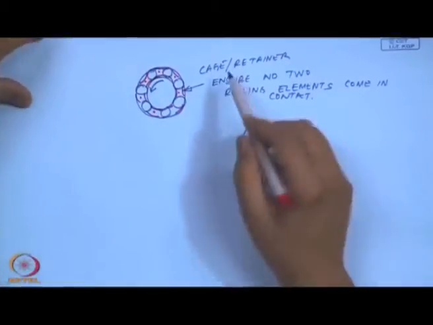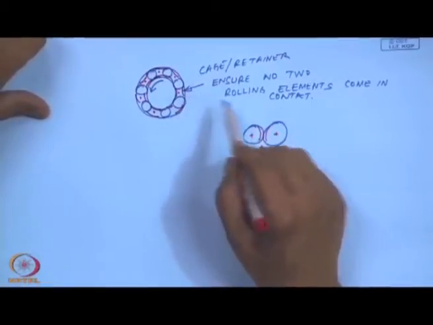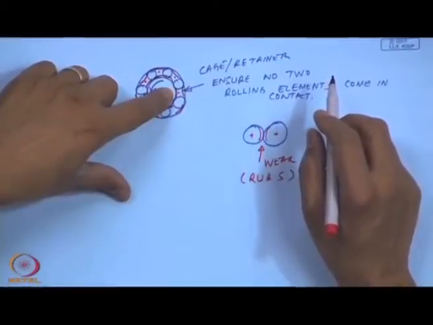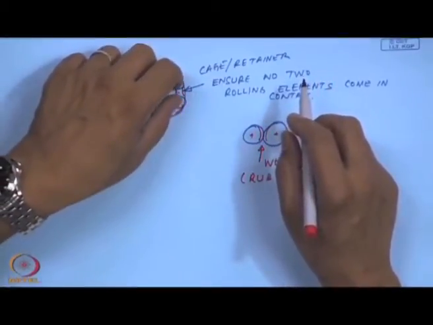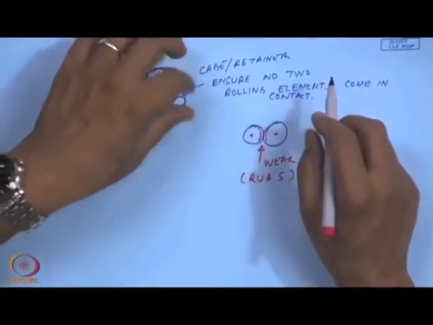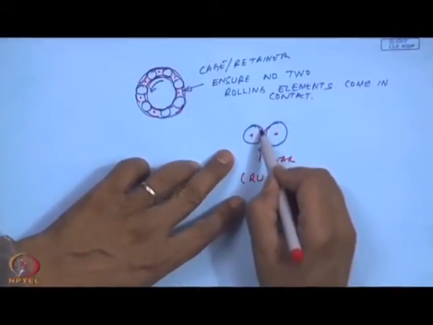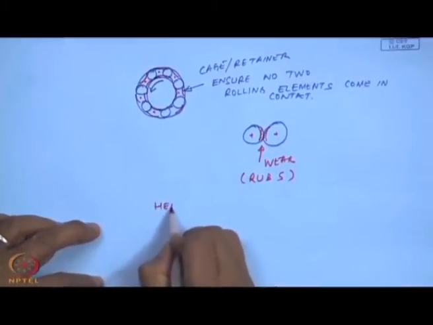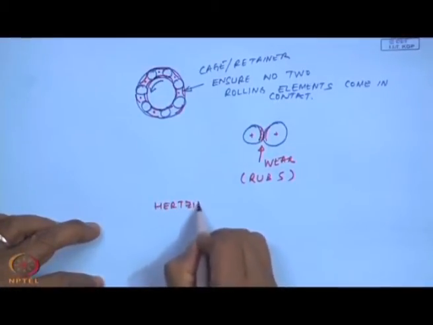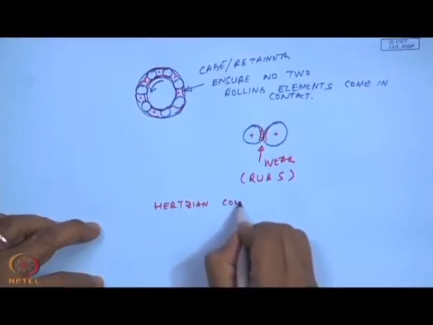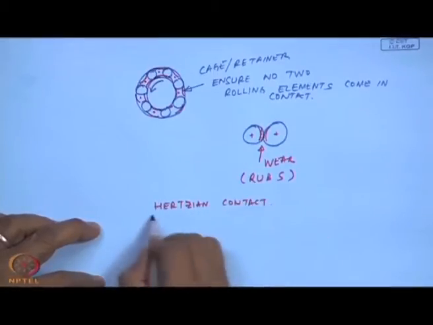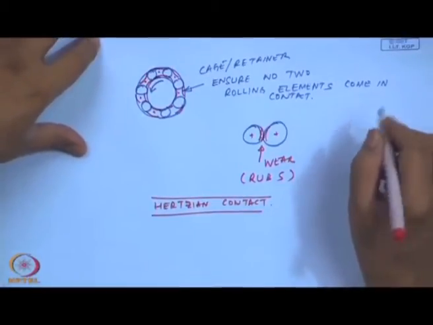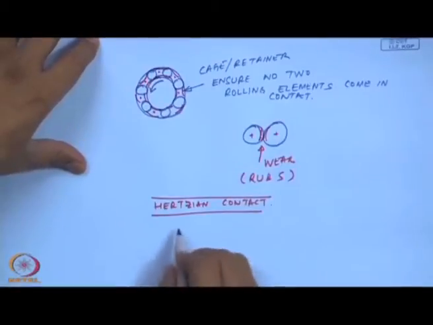And I just told you the case of a rolling element bearing, where if the cage or retainer shown in red was not present, these two rolling elements, when they were spinning and rotating, would touch each other, and then there will be severe wear because of Hertzian contact.